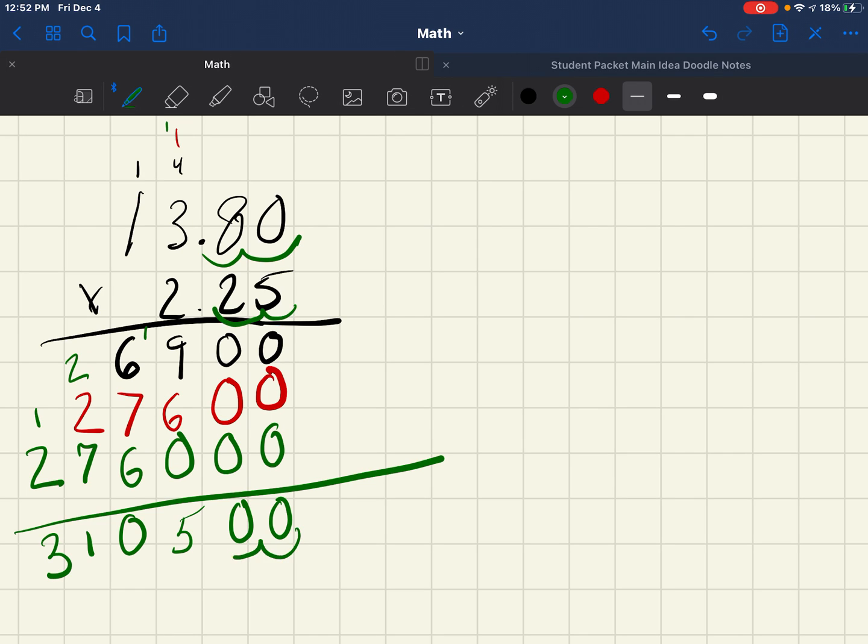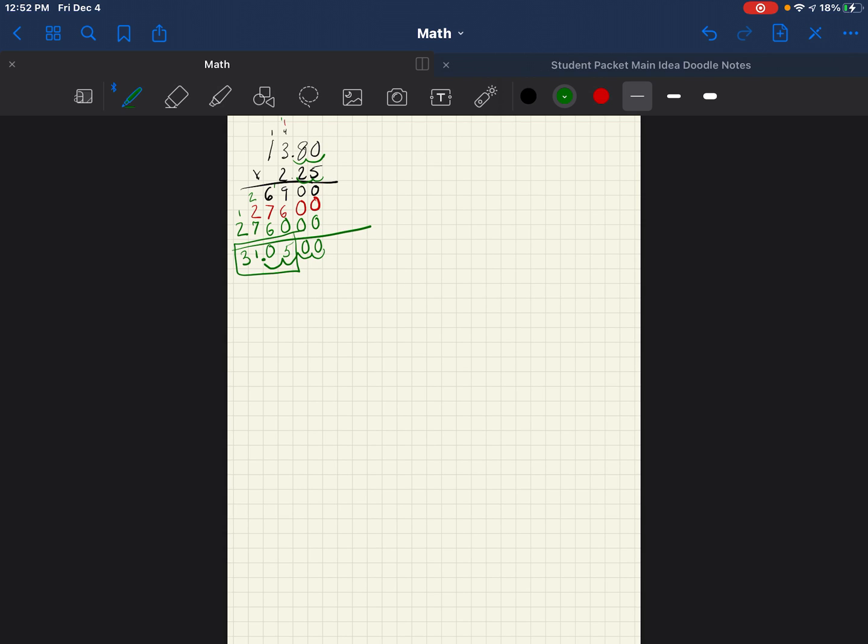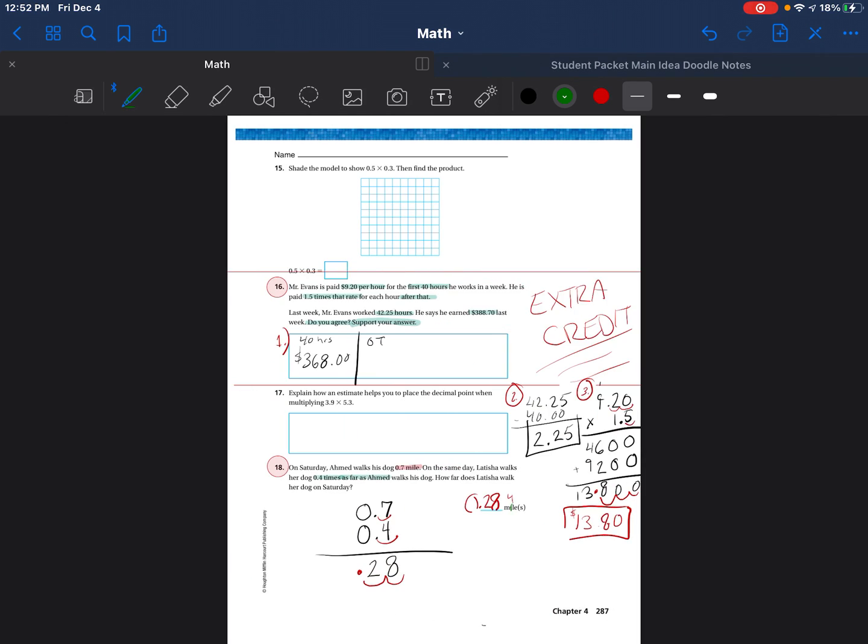And I have 1, 2, 3, 4. 1, 2, 3, 4. So he would make an additional $31.05 with his overtime. So now, $31.05. Don't forget that. So now what we do is add those two together. And that would give us our total.